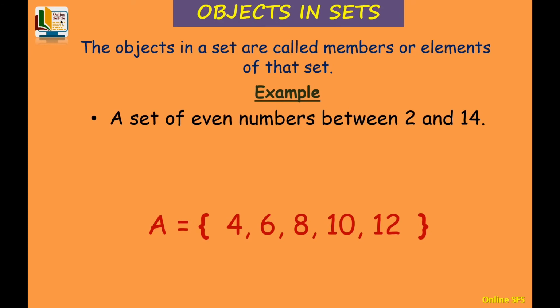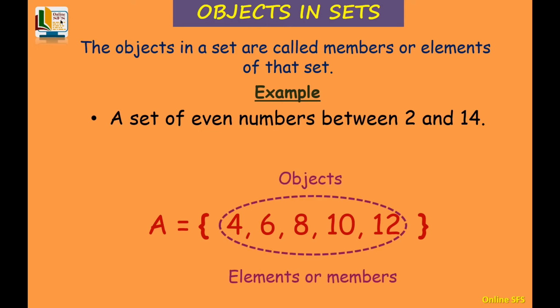Let's suppose A, and we'll enter all the even numbers between 2 and 14. That is 4, 6, 8, 10 and 12. Here 4, 6, 8, 10 and 12 are the elements or members of the set A, or in other words, they are the objects in set A.